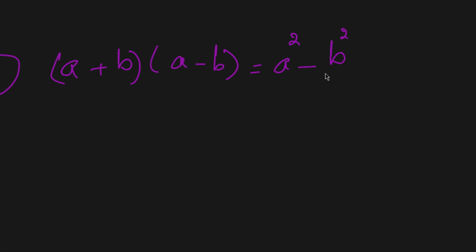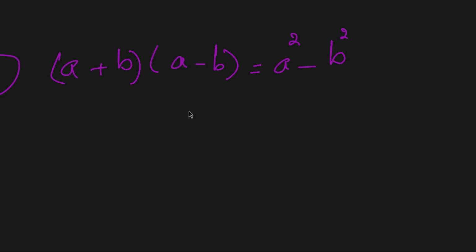Now again the question is how do we get a squared minus b squared from the multiplication of these two? So multiply them the distribution method way, and I would like you to do it, because if I am going to do it in the video, then it will increase the length of the video, which I don't like. So you do it. And a squared minus b squared.